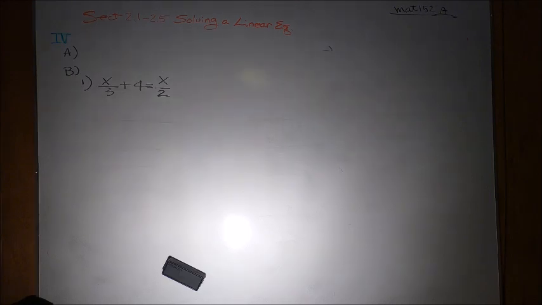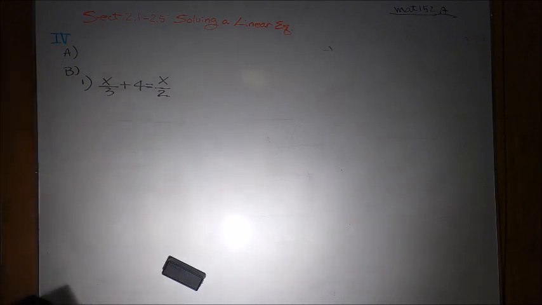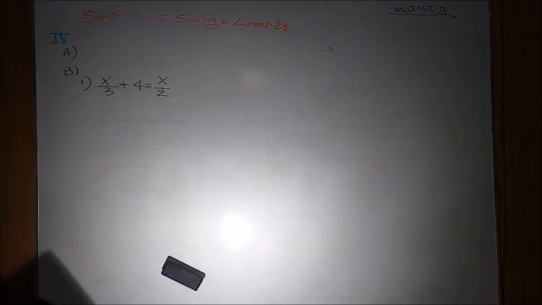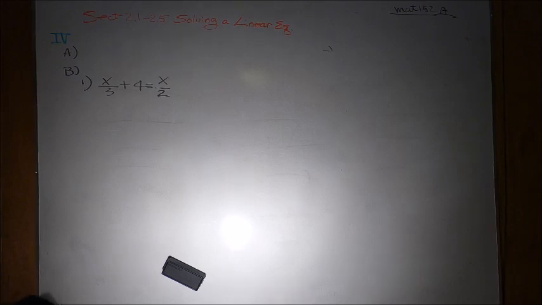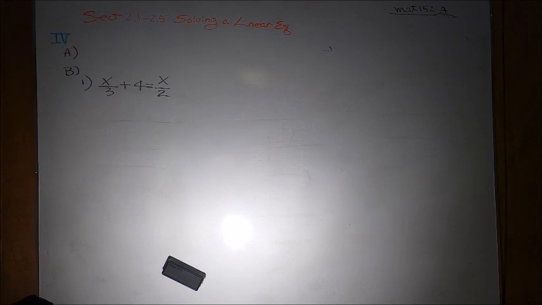Let's see what's happening here. What's the difference between this one and the previous one? The previous one looks much better because those are better numbers. Now we have what? Fractions. Do we like fractions?